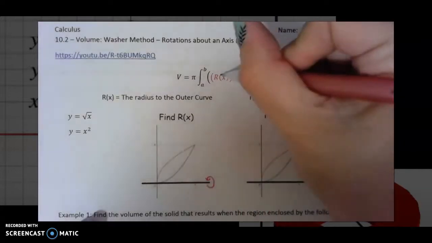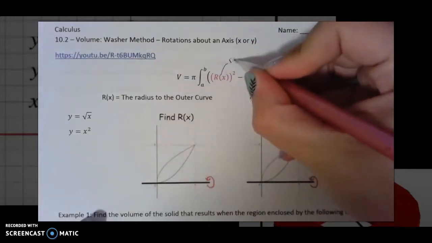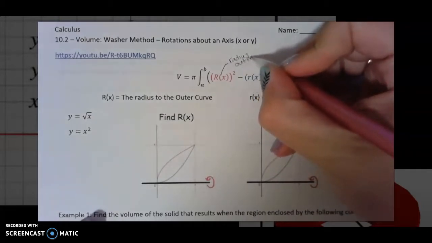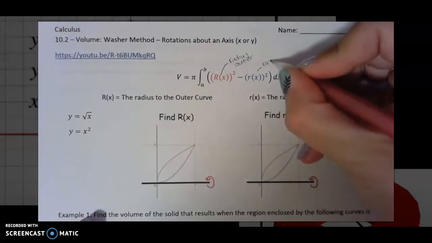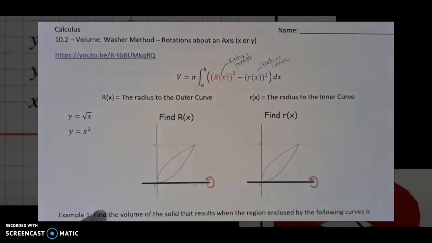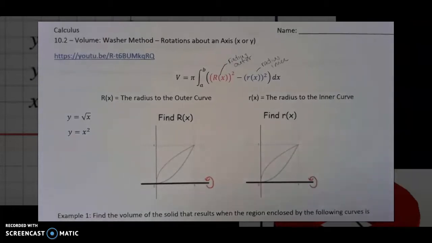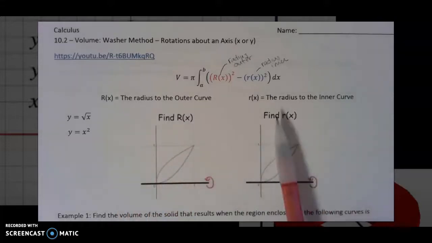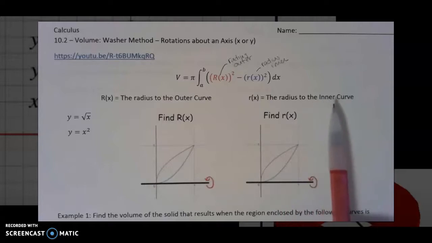So this is going to be the radius for the outer piece, and this is going to be the radius for the inner piece. Okay, well, we have to make sure we know how do we actually find the radius for the outer piece and the inner piece. So I've got that written here. Big R(x) is the radius to the outer curve, and little r(x) is the radius to the inner curve.